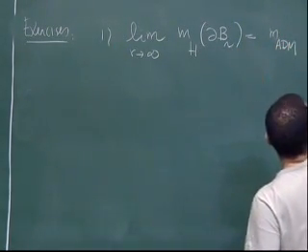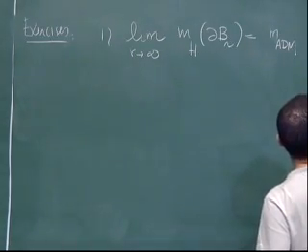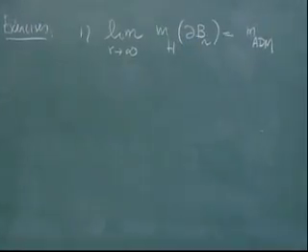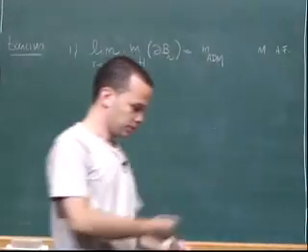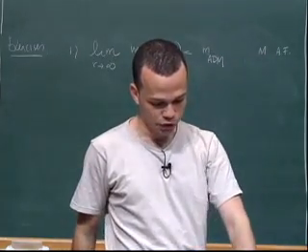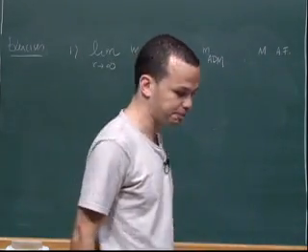Here I'm working with an asymptotically flat manifold. You just have to look at the Taylor expansion of the metric, and you see that the leading order term will exactly be the ADM mass.